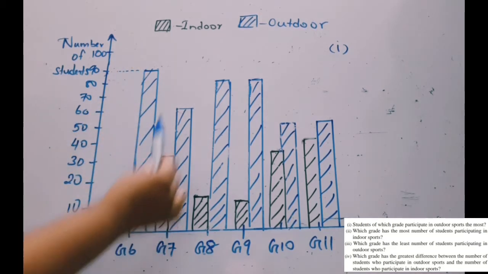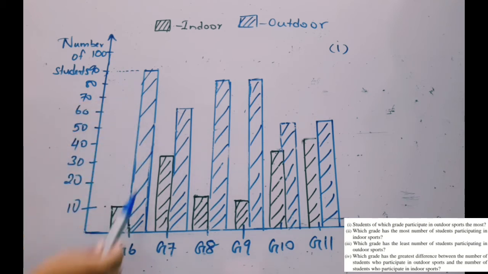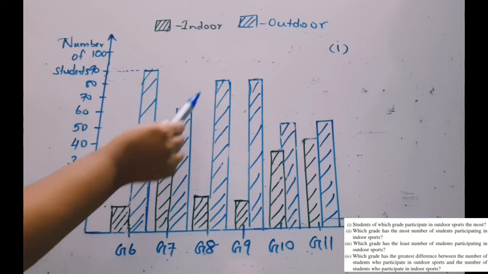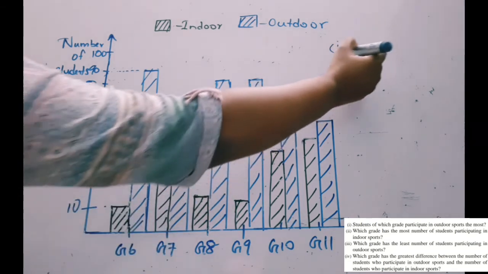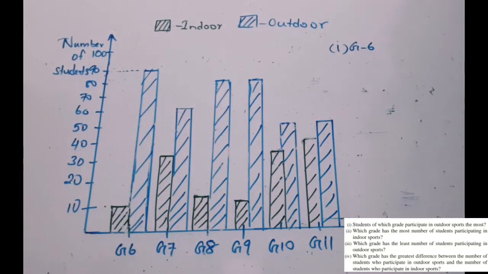You can compare the bars of blue color. The height of grade 6 is larger. Am I right? This is higher than all the other blue bars. So grade 6 students are the ones who participated most in outdoor sports. You have to write that answer there.